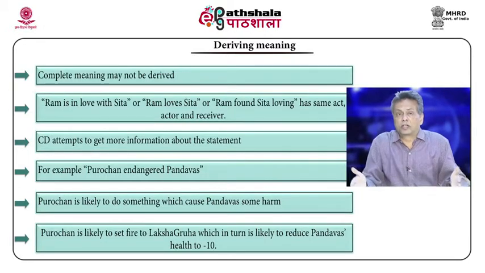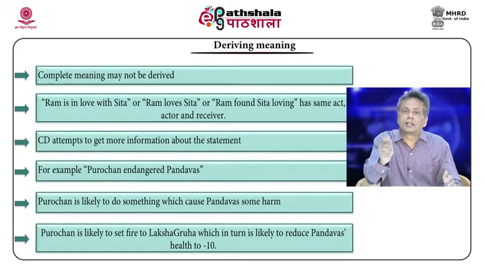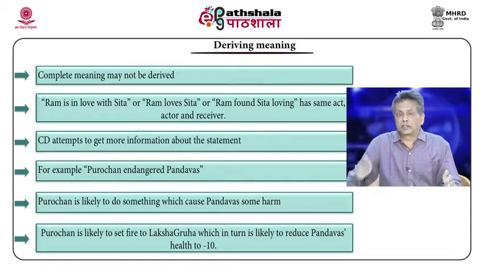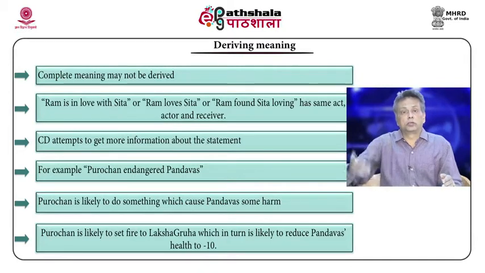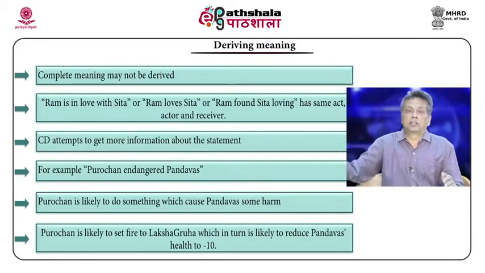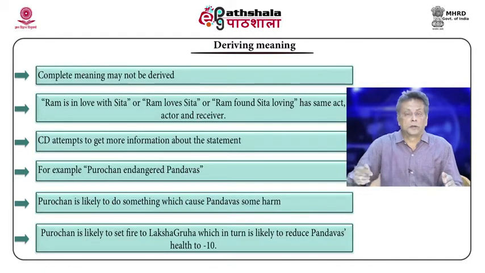What Purochan is trying to do, you cannot determine from this particular statement. But if you have read other statements, if you can relate this statement with previous statements, you will probably learn that Purochan is going to burn that Laksha Gruha. That kind of meaning can be derived out of a statement, which was not possible using any other method before.